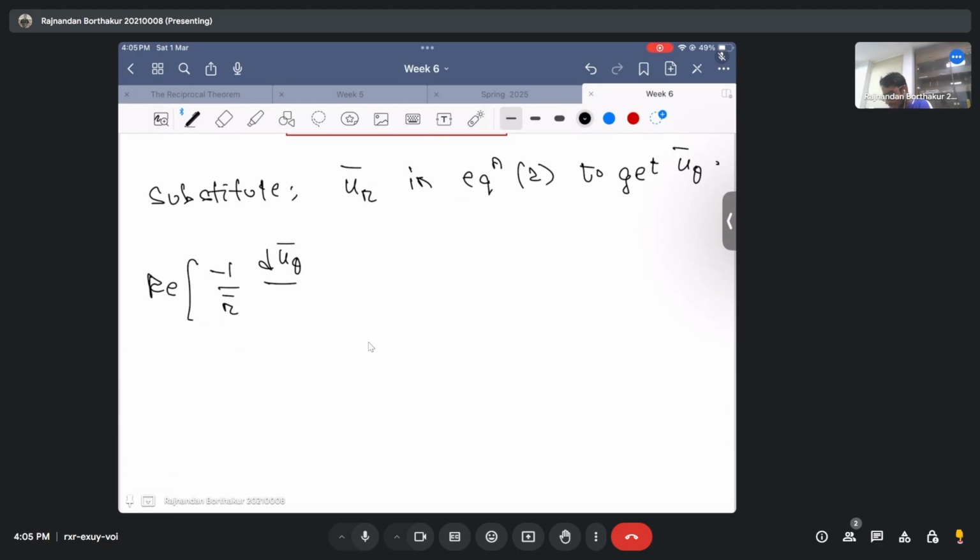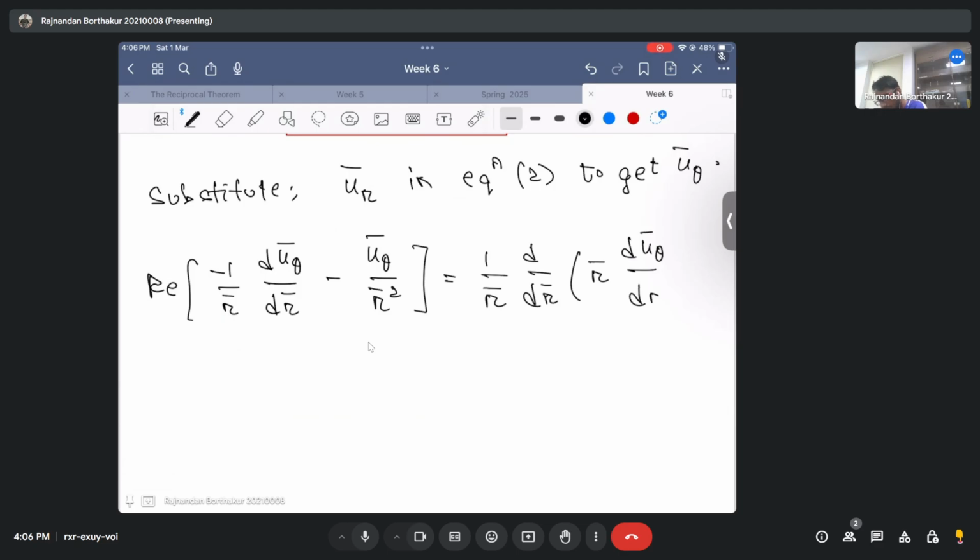Okay, so this becomes du theta bar by dr bar minus u theta bar by r bar squared. And then I have this term 1 by r bar d by dr bar of r bar times d u theta bar by dr bar.